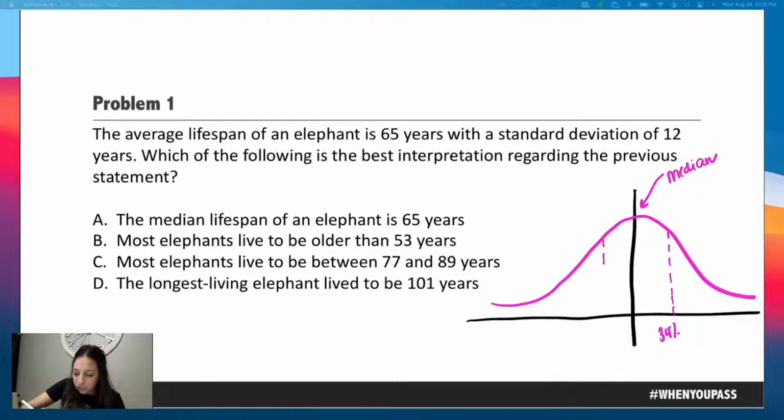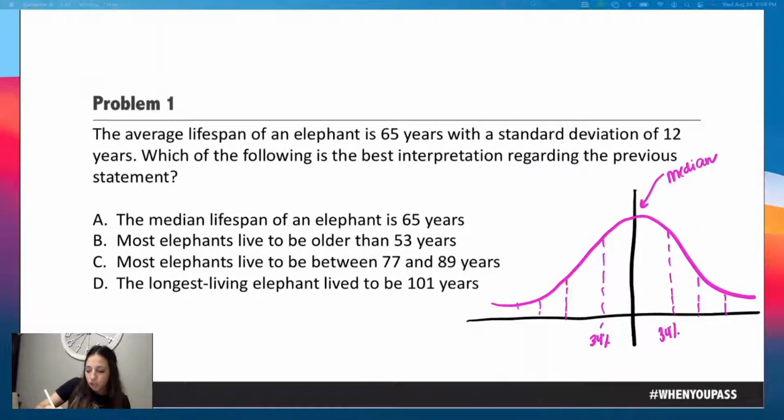And that first standard deviation goes to the right and the left of your median value. And then after that, you have your second standard deviation, your third standard deviation. And as those standard deviations get further and further away from your median, there's a smaller percentage of data that happens within that percentage.